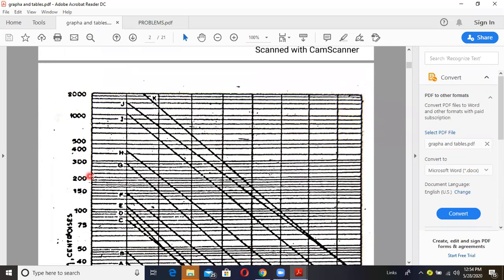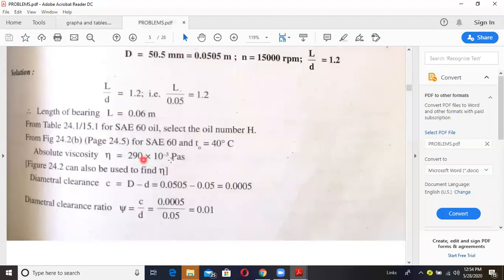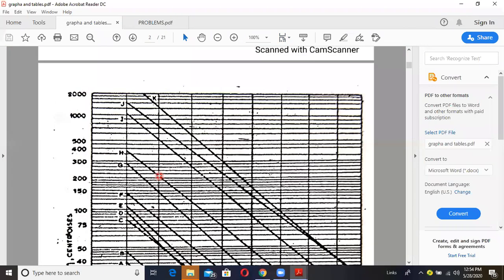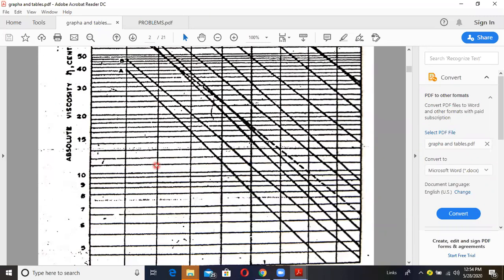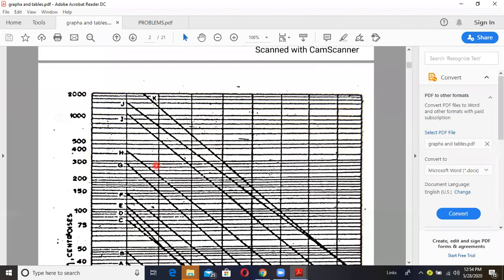See how much we got here, the absolute viscosity: that is 290 into 10 to the power of minus 3 Pa·s. You can see somewhere here is 40, and if you move like this until it touches H, somewhere it is touching here. So they have taken the value as 290.